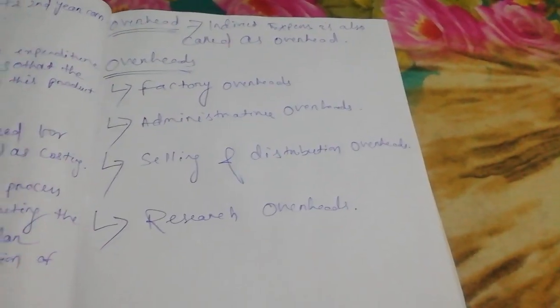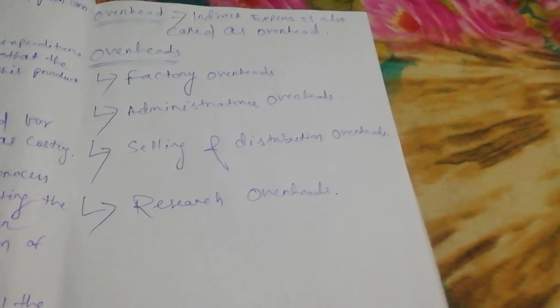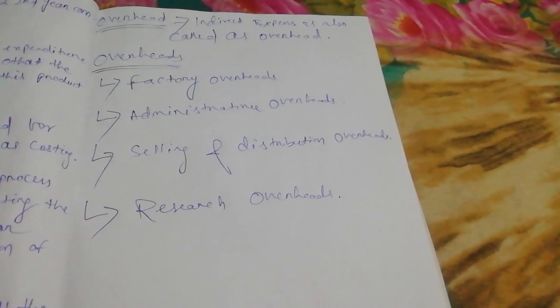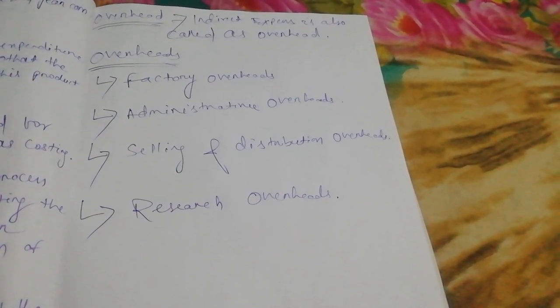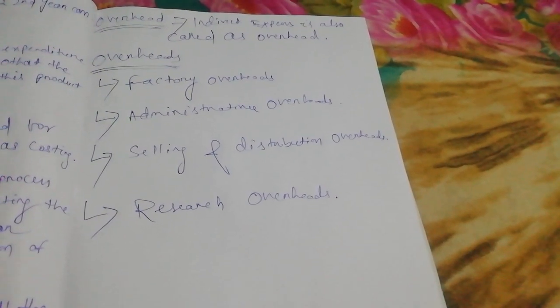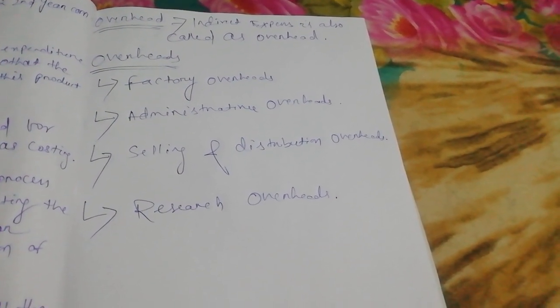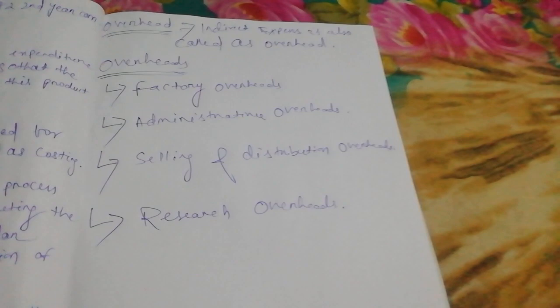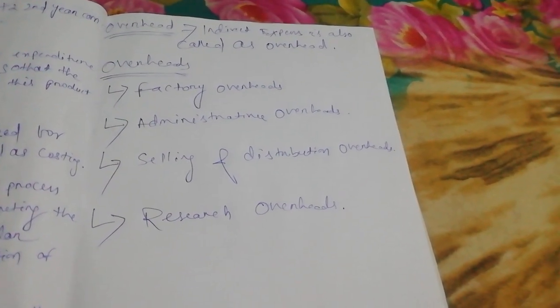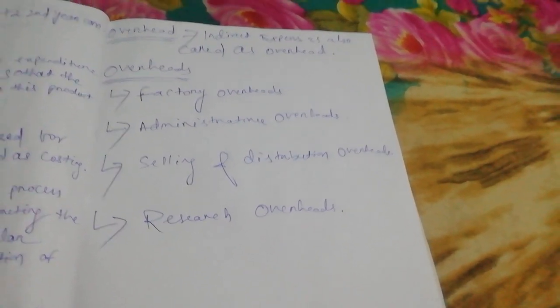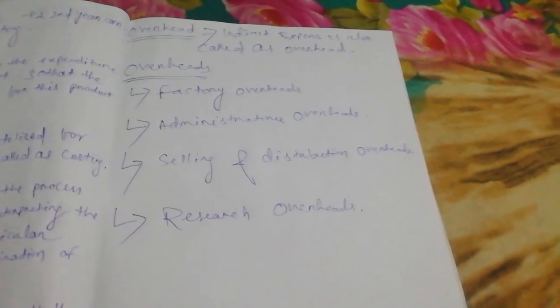Any factory expenses such as factory lighting, factory heating, supervisor salary, haulage, motor, power, different factory expenses are called as factory overheads.